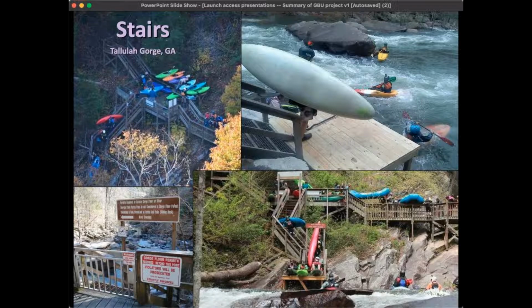There was FERC money involved, so they could do this, but it's really an interesting put in for a very challenging place to go boating. And when they have flows there, which isn't that often, it's a few times a year, they need to be able to get a lot of people down there and get them on the river safely. And apparently it works pretty well. So it's sort of an interesting and unusual solution to a problem there. Go ahead and click to the next one.